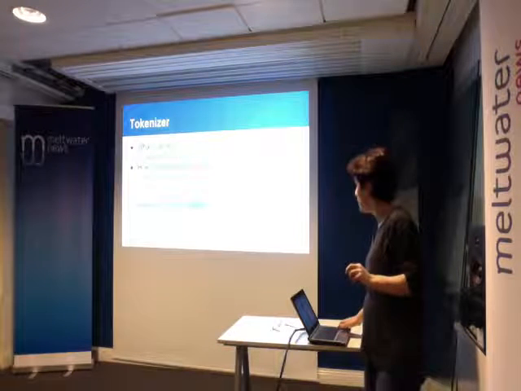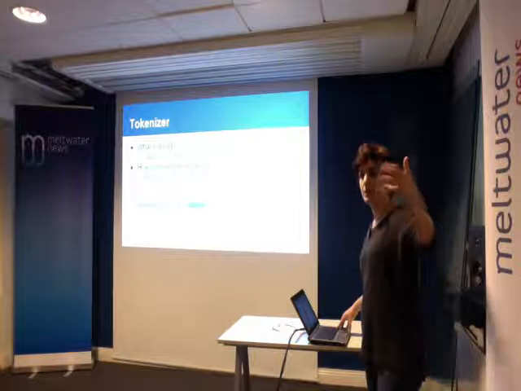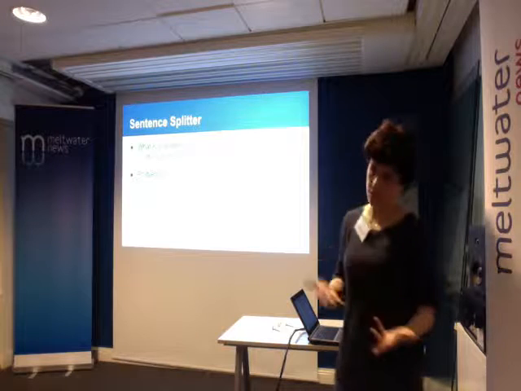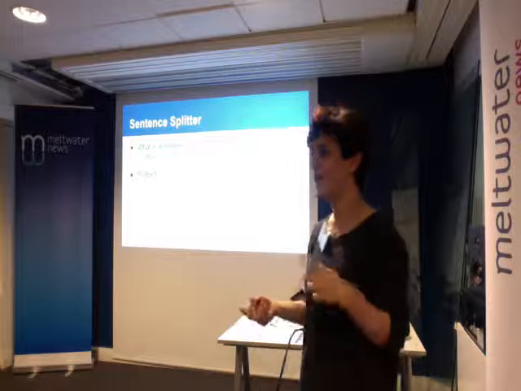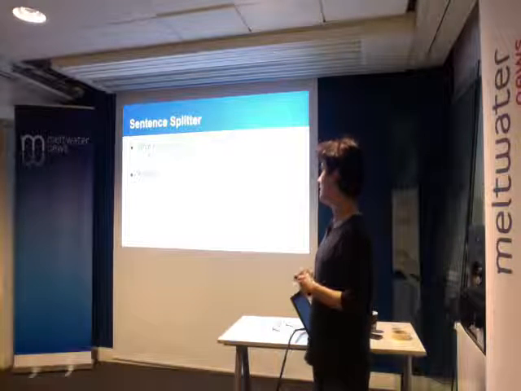Then the other thing is that we break a sentence into tokens, so we also have a sentence splitter. Usually in English we just say that an exclamation mark, question mark, and dot are the ending.